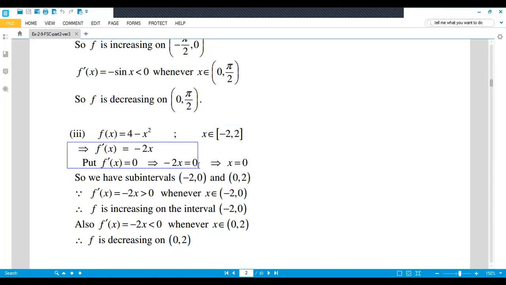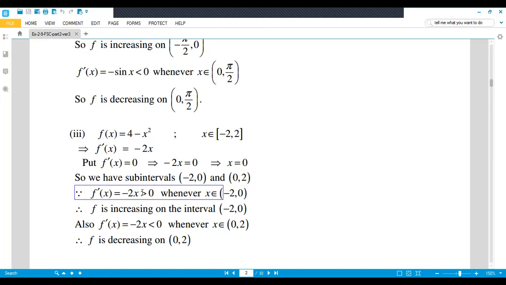So minus 2x equal to 0. Now you have to find the value of x from this. Minus 2 multiplied here, shifted to the other side, divided, so you will get x equal to 0. So the subintervals are from minus 2 to 0 and from 0 to 2. So we check it for the first subinterval. Look, f prime of x, minus 2x, is greater than 0 whenever x belongs to minus 2 and 0.